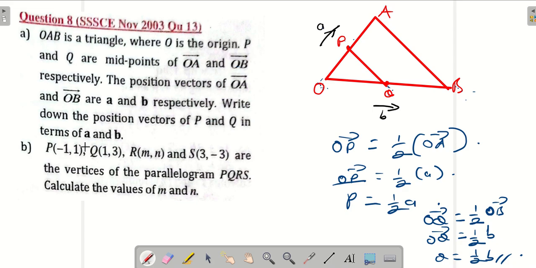Now P, -1, 1, and Q, 1, 3, and R, M, N, and S, 3, -1. So this is a different question.